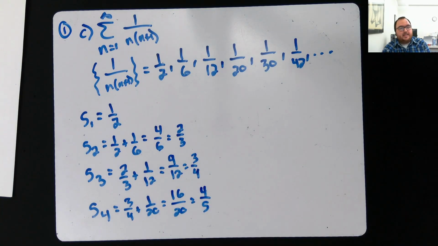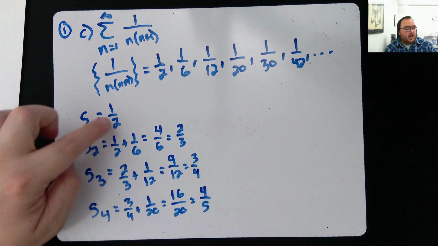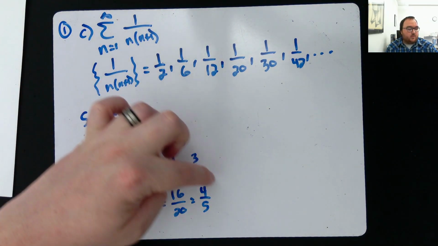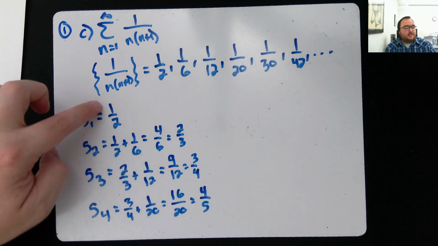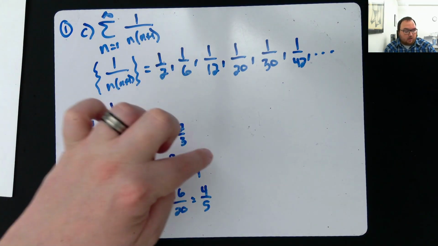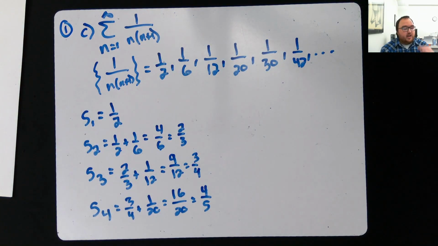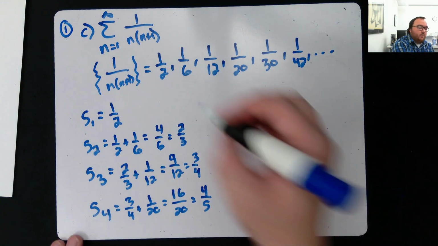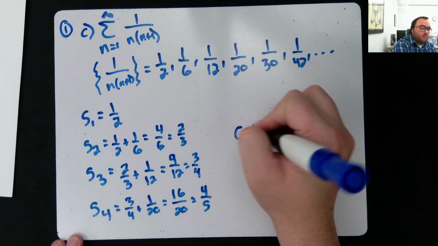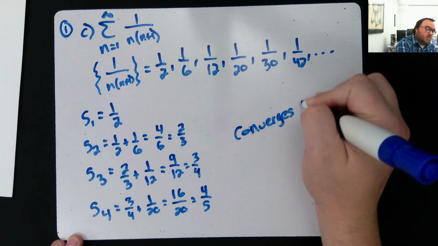And you can probably see now what the pattern is. 1 half, 2/3, 3/4, 4/5, 5/6, on and on and on. This is approaching 1, right? This is approaching a 1. Therefore, the sum converges to 1.